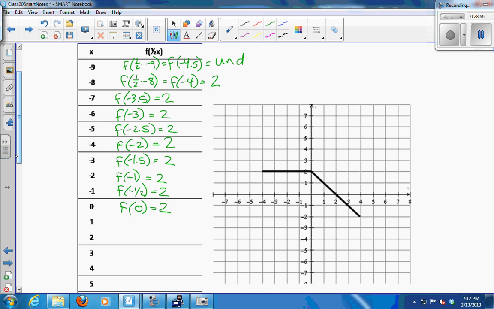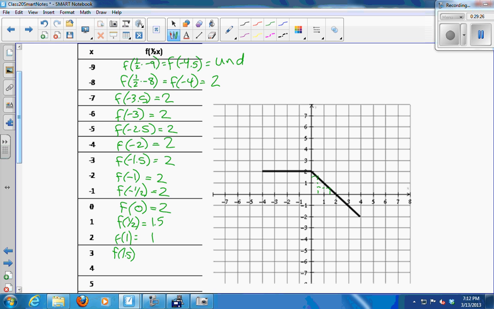So now I'm going to do f of 1/2, right? Because I'm multiplying a half times the x value they gave me of 1. What is f of 1/2? 1.5. Okay, and then I'm going to do f of 1. F of 1 is 1. F of 1.5. Here's 1.5.